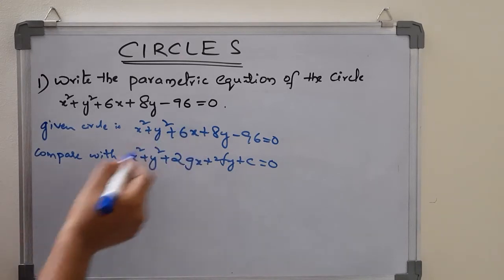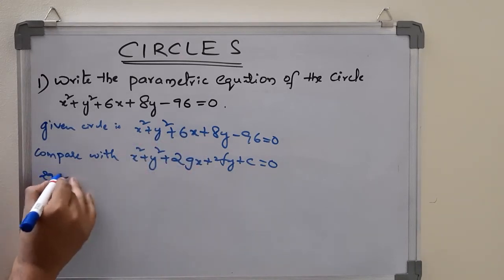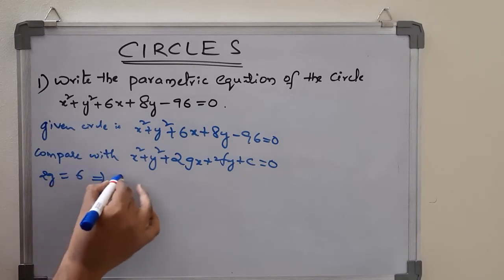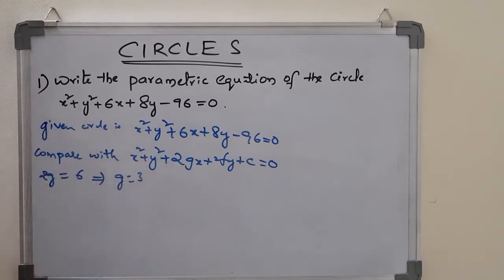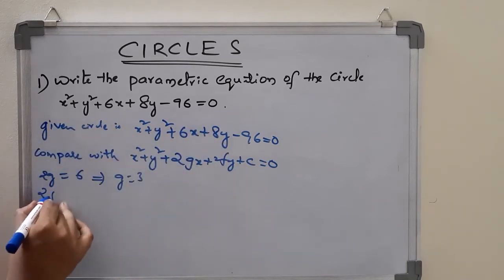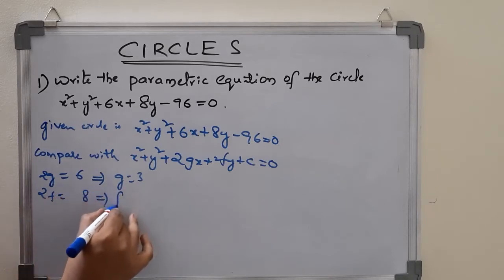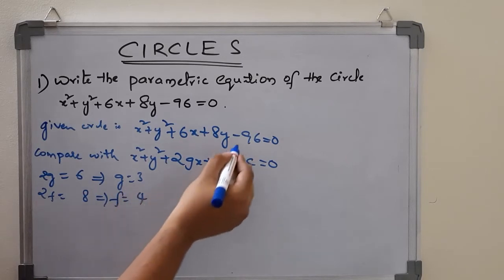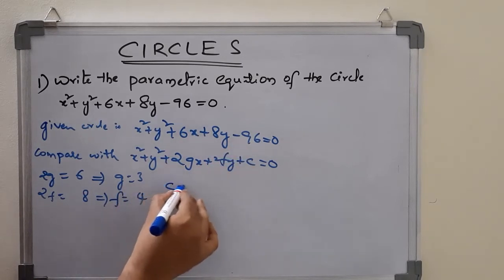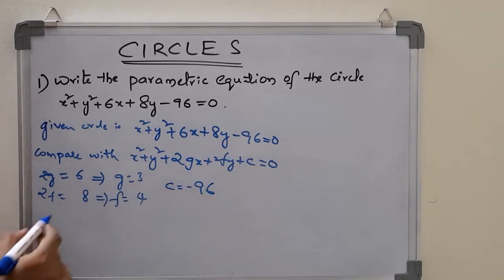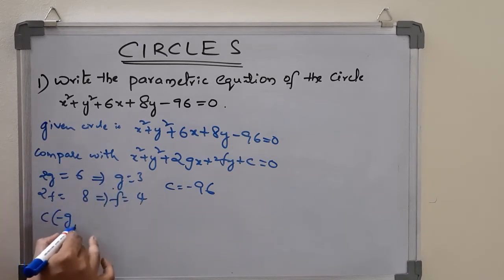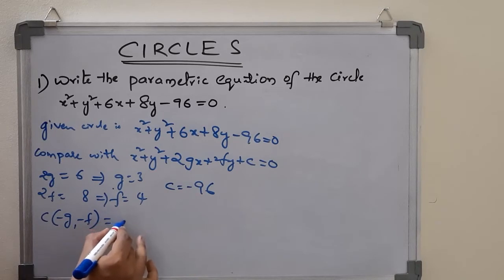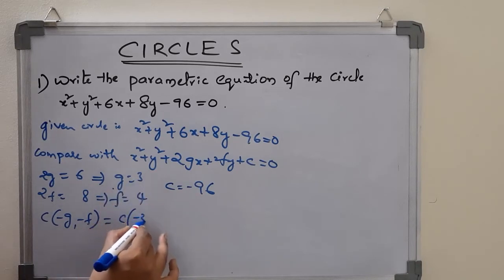If we compare, 2g is equal to 6 and g is equal to 3. 2f is equal to 8 and f is equal to 4. So here c is equal to minus 96. We know g and f, so we can write the center (minus g, minus f). That means the center is (minus 3, minus 4).